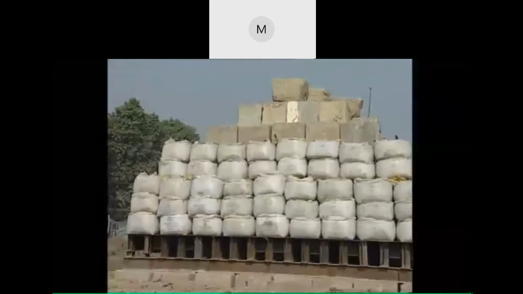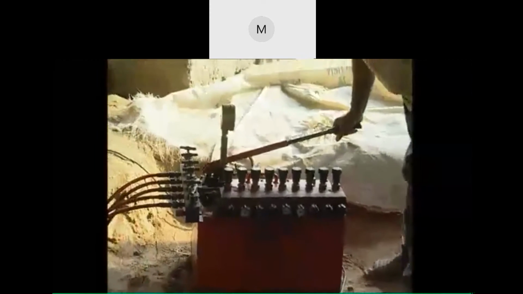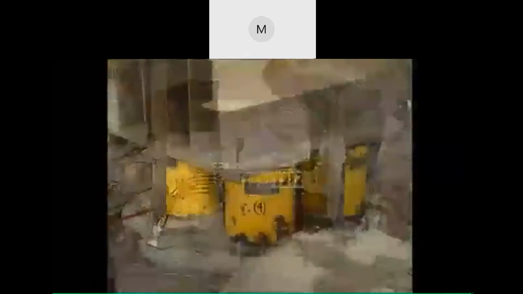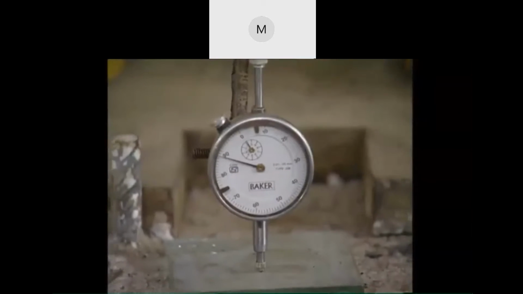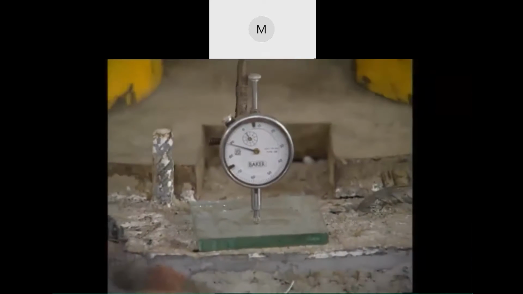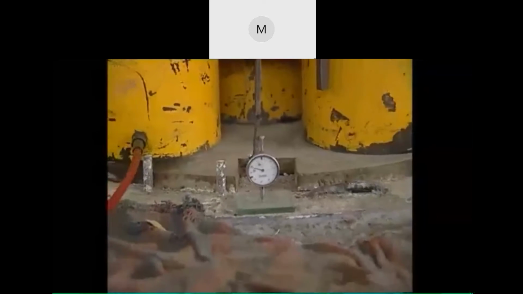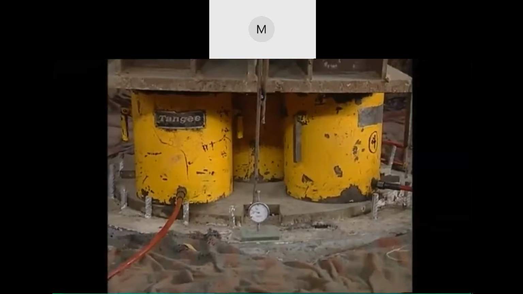Increments of 20% of the test load are maintained for 1 hour, and the displacement of the pile is recorded by means of dial gauges. When the final load increment is given, the final displacement is noted, and working load is calculated from load displacement graph.